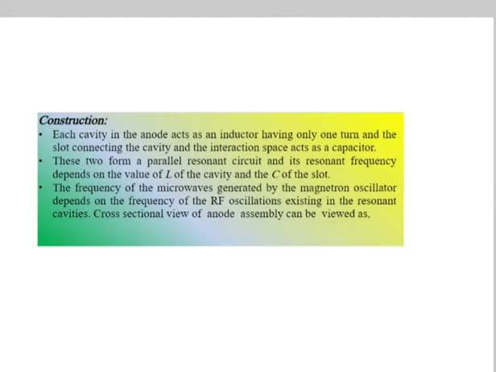These two form a parallel resonant circuit, and its resonant frequency depends on the value of L of the cavity and the C of the slot. The frequency of the microwave generated by the magnetron oscillator depends on the frequency of the RF oscillations existing in the resonant cavities.